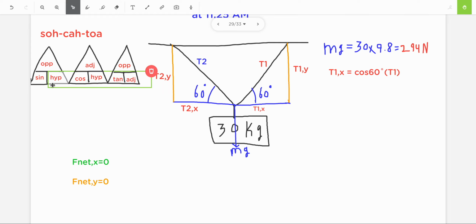The two down will multiply by each other to get the opposite up, and to get one of these two we should divide the opposite by the other. For example, if we want the sine, we should divide opposite by hypotenuse, and if we want hypotenuse, we should divide opposite by sine, and if we want opposite, we should multiply sine by hypotenuse.